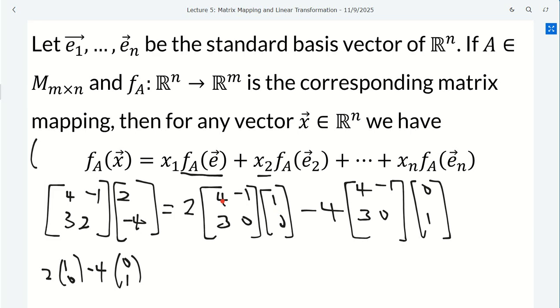Here's 2 here. Your 2 is also 2. Oh, sorry. 2 here. Okay.